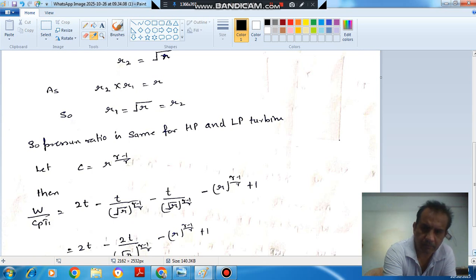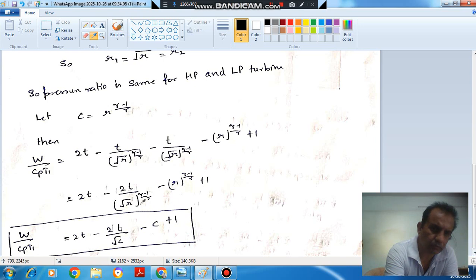So solving it, we will get 2T minus 2T by root R raised to the power (gamma minus 1) by gamma, minus R raised to the power (gamma minus 1) by gamma, plus 1, and this is your T. So the specific work output will be 2T minus T minus 2T root C minus C plus 1. This is your specific work output.